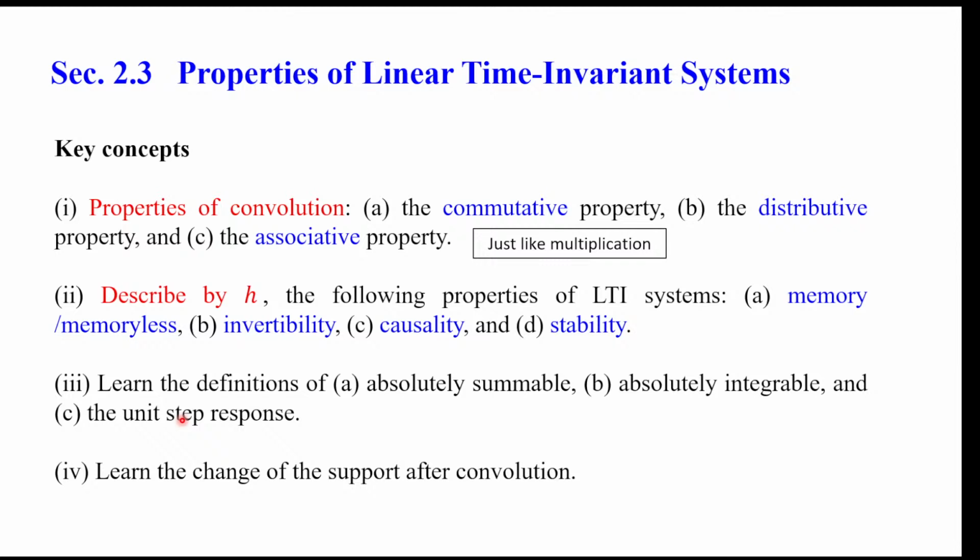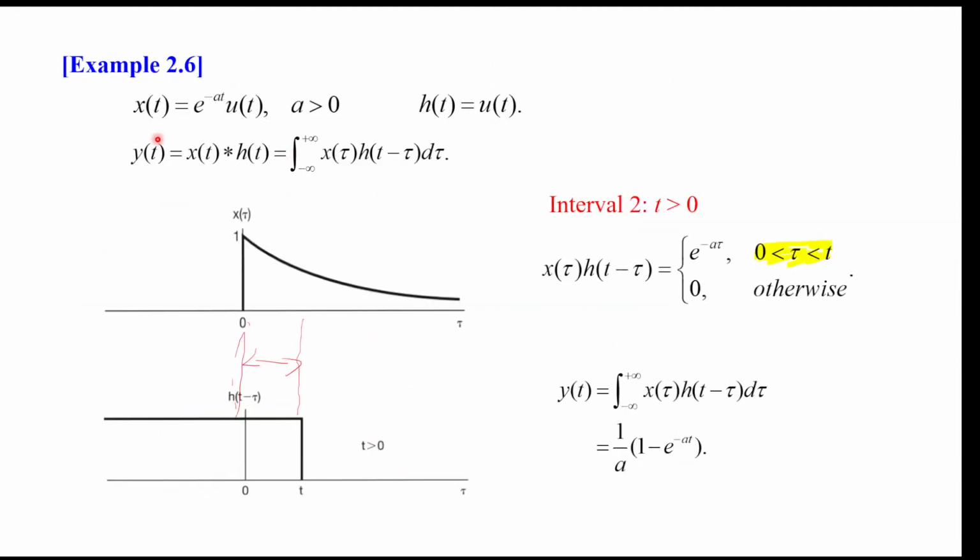There are two sets of properties we'll talk about. The first is the properties of the convolution operation itself. This x of t convolved with h of t, this star operation, looks a lot like a multiplication sign.